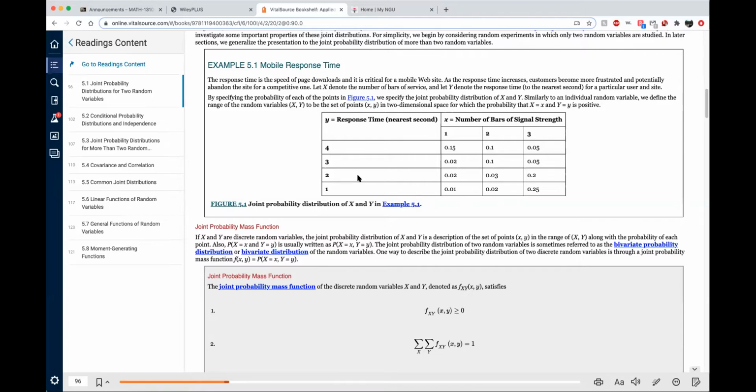Remember that? The response time is the speed of the page download, and it is critical for a mobile website. As the response time increases, customers become more frustrated and potentially abandon the site for a competitor.